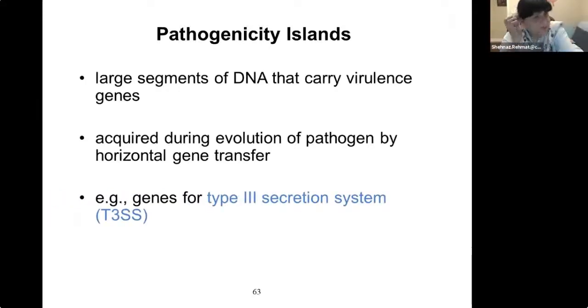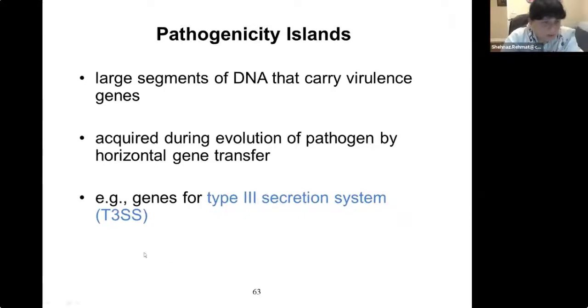So as such, these pathogenicity islands also code for type 3 secretion systems, so that the protein that is being made will also be transferred into the host system. So the genes for type 3 secretion system are located on the pathogenicity island.